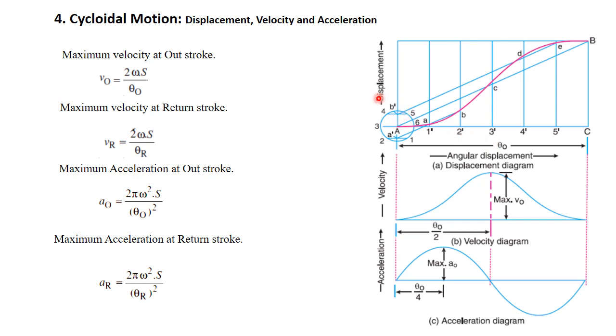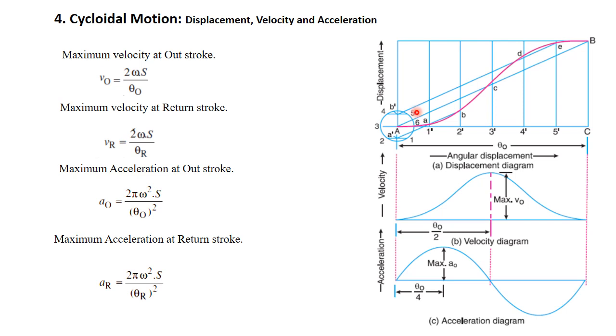Now when we say the displacement is taking place in a cycloidal motion, how do we generate the cycloid?